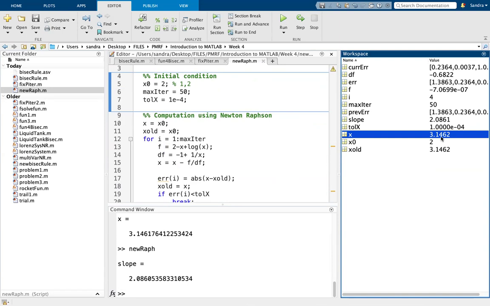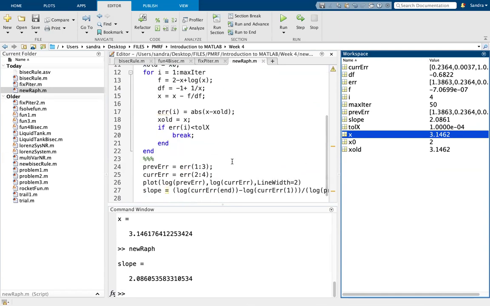Now, if you want to know how this power comes as 2, how it is quadratic convergence, you can plot. Earlier we have seen this relation: E_(i+1) is equal to E_i squared. Earlier, when we were seeing the order of accuracy, we saw how to get this value.